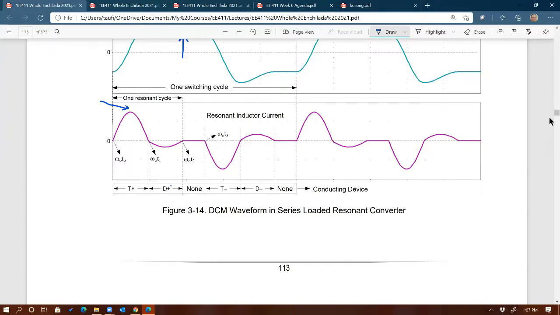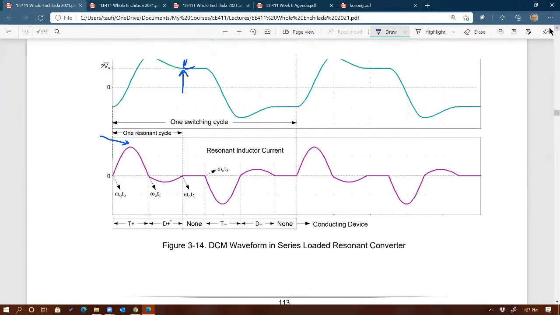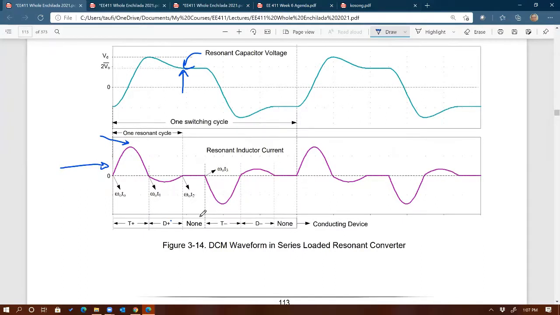Now, if you look at this waveform, just focus on IL. Keep in mind that, as I said earlier, inductor current from here to here is the same as T plus current, and from here to here, inductor current is the same as T minus current.